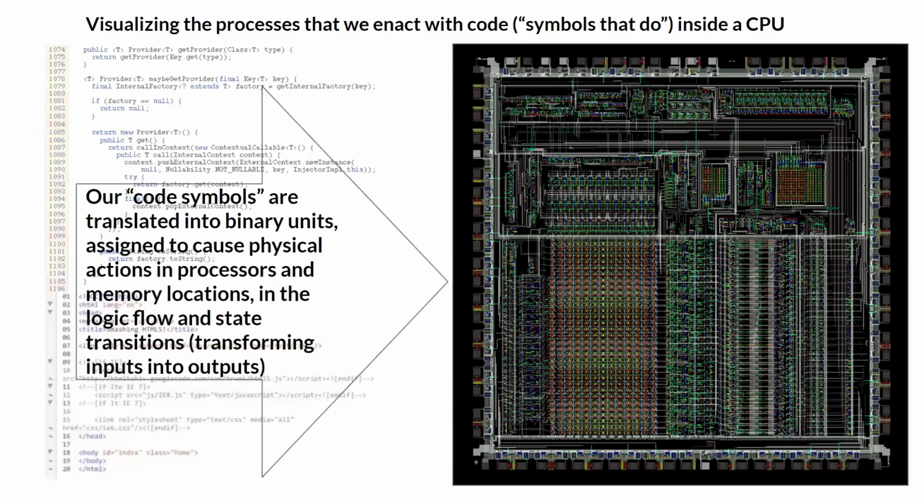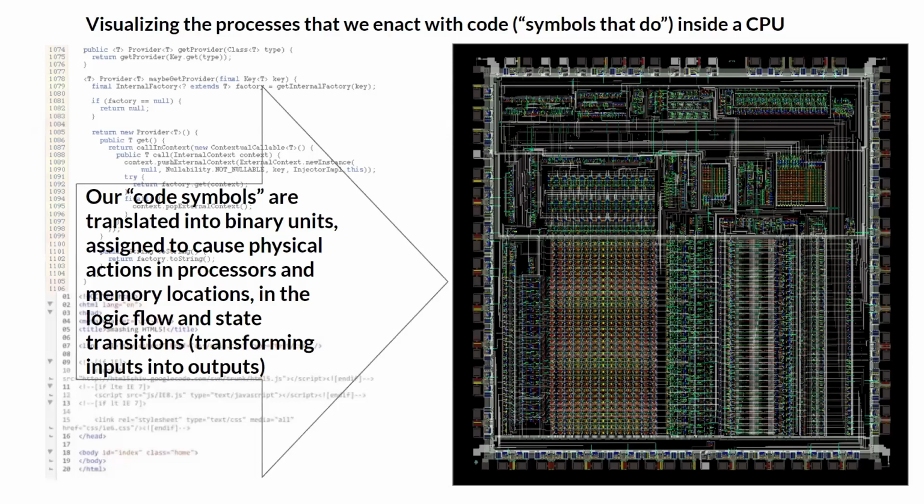And of course, various kinds of code that we might write on the left. But what happens is that we have a step of translating our code symbols that we understand and interpret into binary representations, right? And these are then assigned to cause physical actions in processors and memory locations in the logic flow and state transitions, that is transforming inputs to outputs.